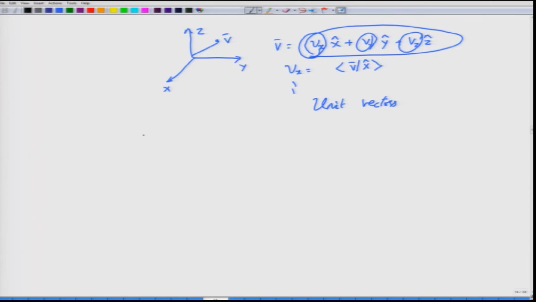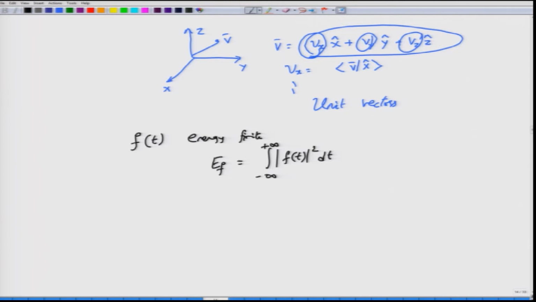Now, in a similar manner, suppose I am given a signal f of t whose energy is finite. Okay. So, this condition I am imposing to avoid some mathematical problems, but there are various ways to overcome this constraint. Let us not go into too much detail there, but if I have f of t whose energy is finite, recall that the energy itself is given by the magnitude of f of t square over the time interval over which f of t is defined.